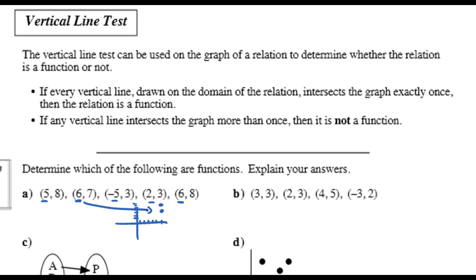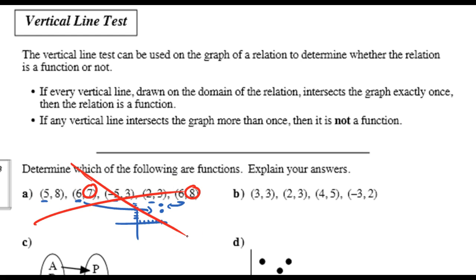And I would get 6 and 8, that's that one over here. And that is a problem because, again, the key definition here is you can only have one output. And in this case, I have two outputs for 6, 7, and 8. So this one would not be a function.